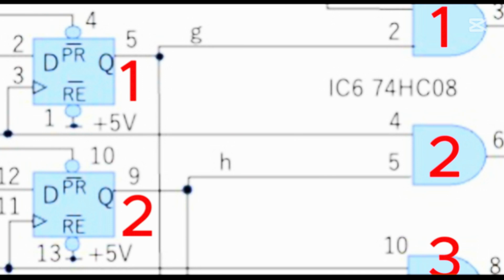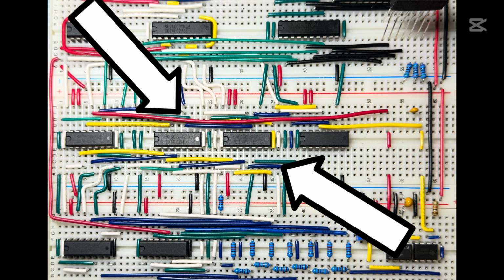This image kind of shows it. However, this will leave the last flip-flop's clock signal empty and the first AND gate's input pin empty. But I'll go more in depth on those 2 connections in a little bit. Also, the 4 ICs for these 7 1-bit flip-flops are in the middle breadboard of the prototype.